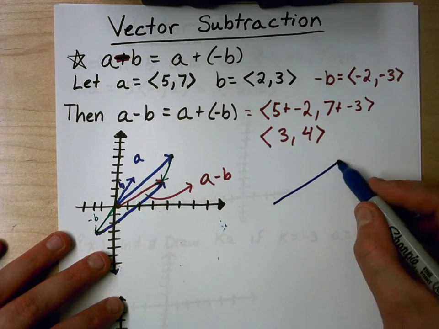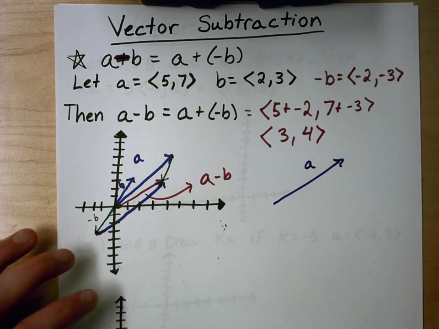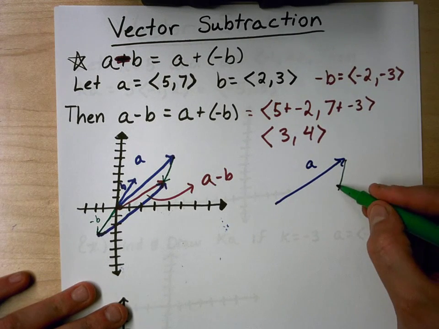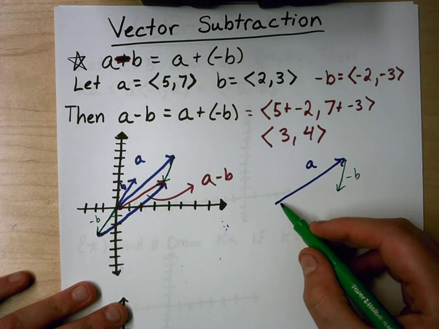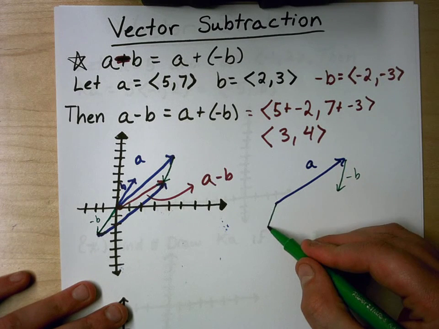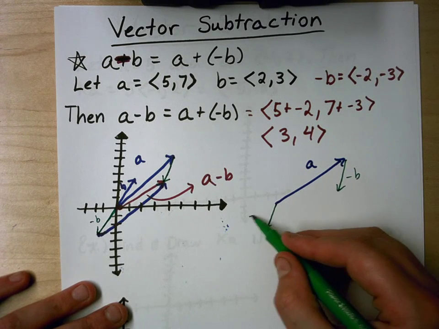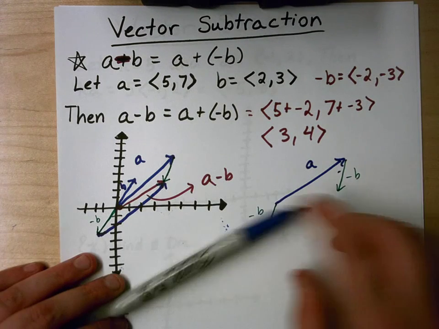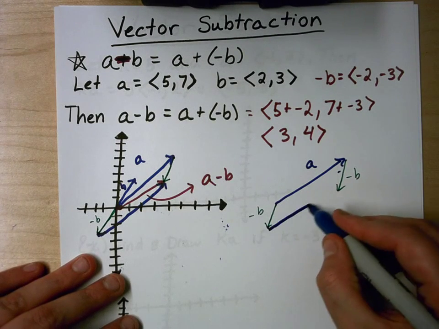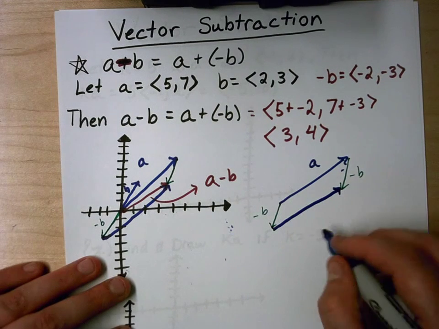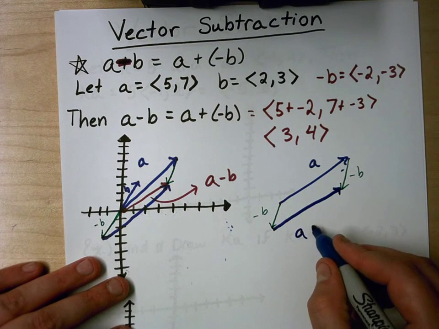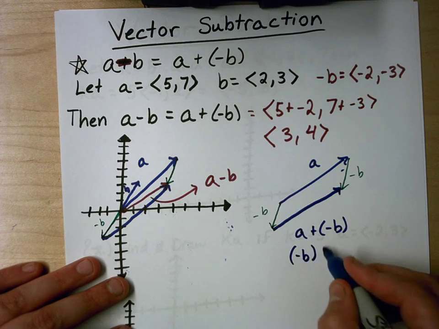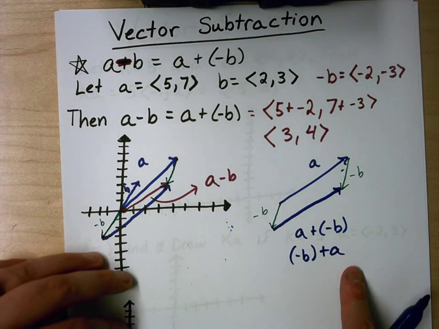So this is A. This guy is negative B. This here is also negative B. This is A again. Remember, I can either take A and add it to negative B, or take negative B and add it to A. They're the same thing.